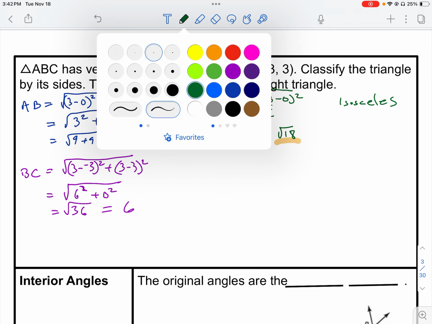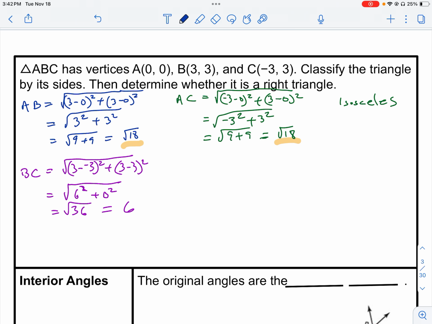Now let's find our slopes. So the slope of AB is 3 minus 0 over 3 minus 0. So that's going to be 1.